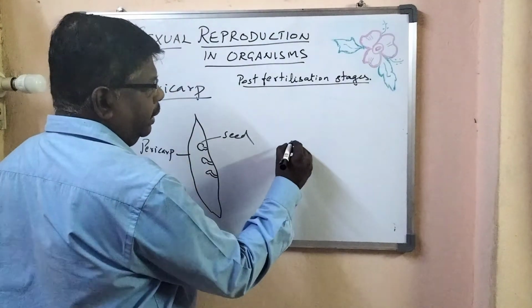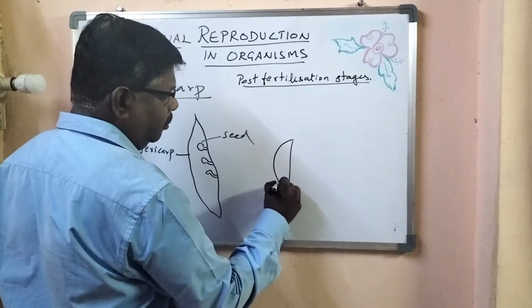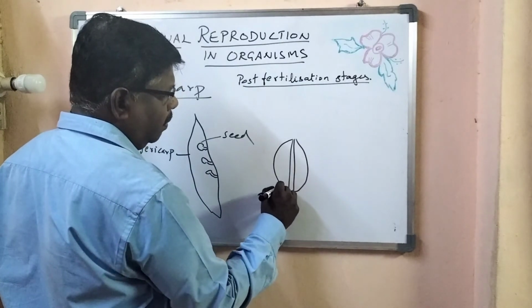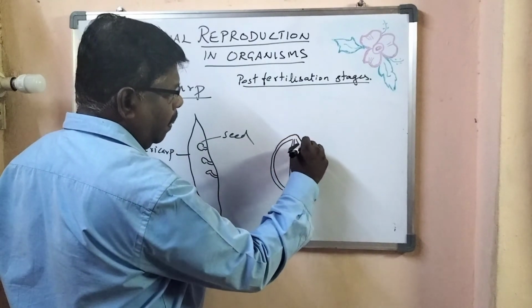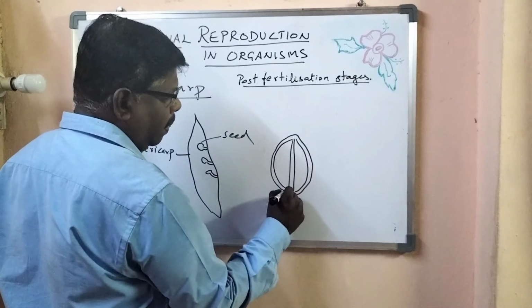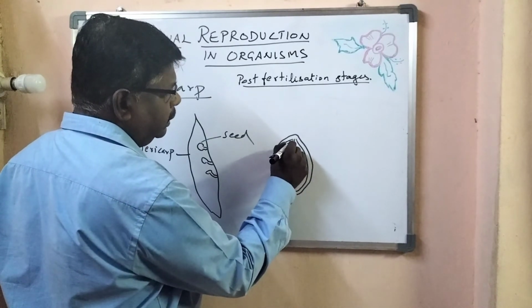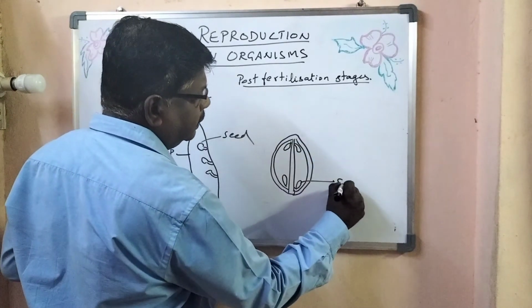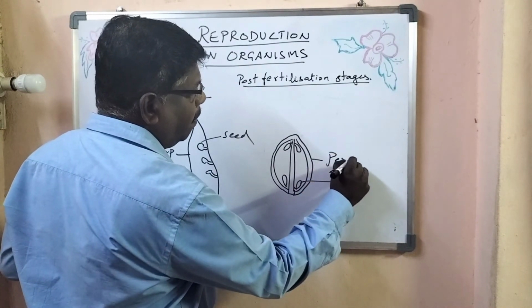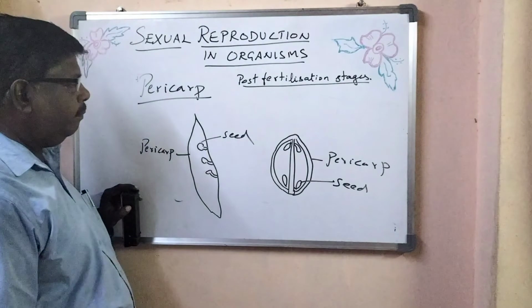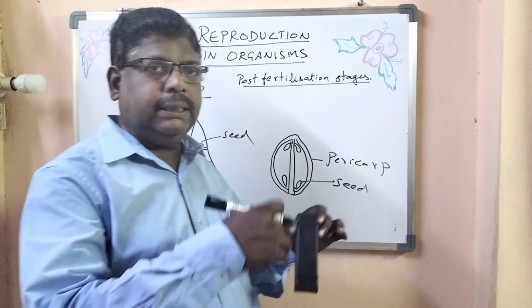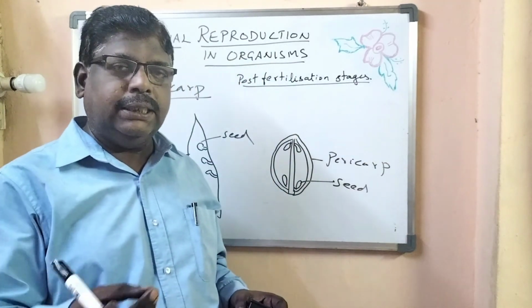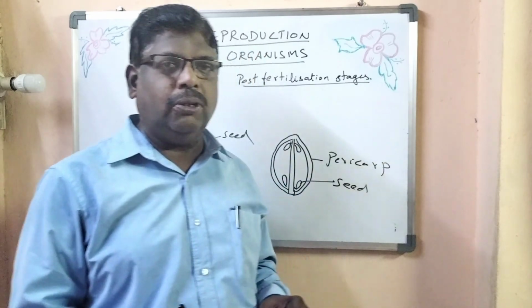Just for you to understand, in this kind of fruit, these are seeds and this is the pericarp. Pericarp means fruit wall. Later on the seeds get dispersed, and when favorable conditions arise, the seeds will give rise to a new plant. That is how it goes on.